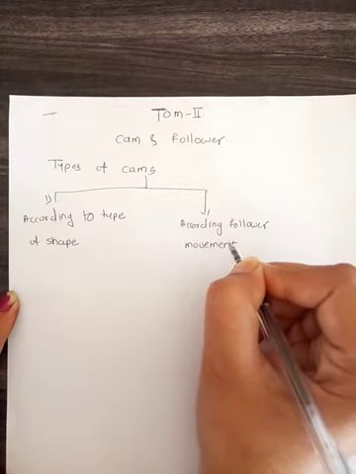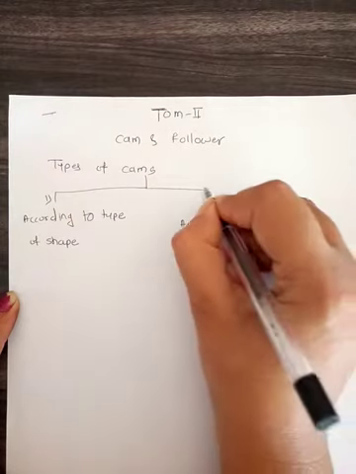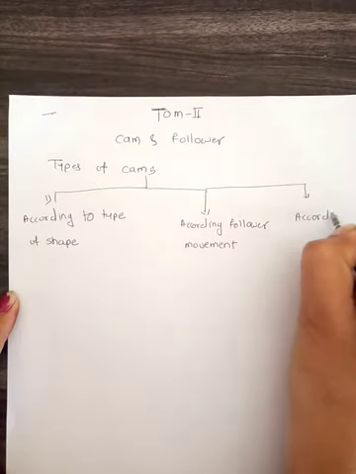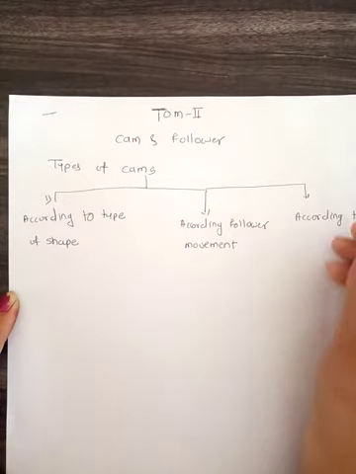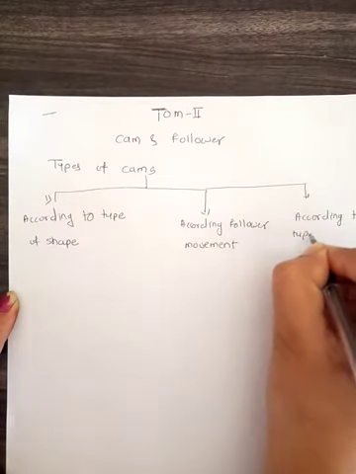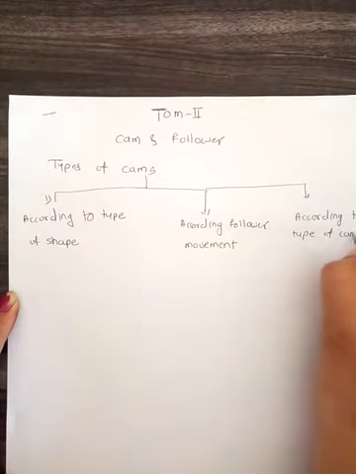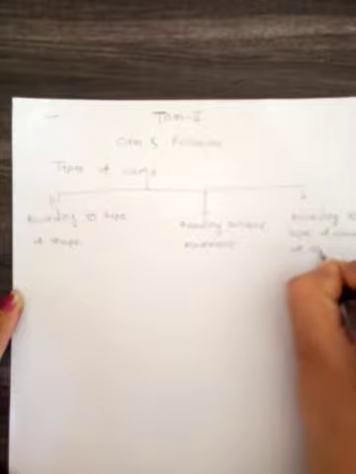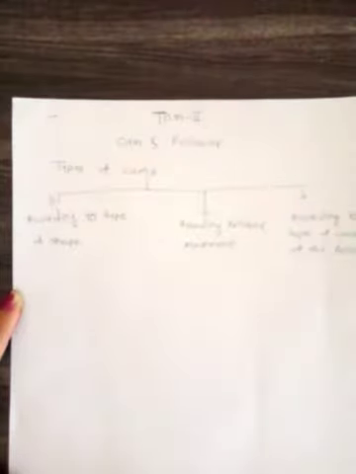And third will be according to the type of constraint of the follower. These are the three types of classification of the cam.